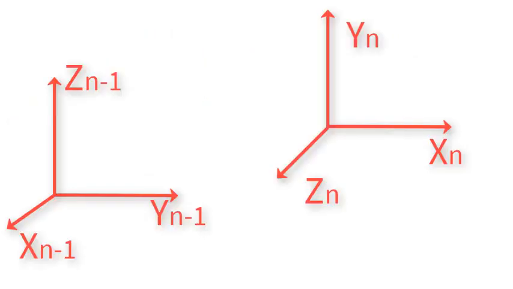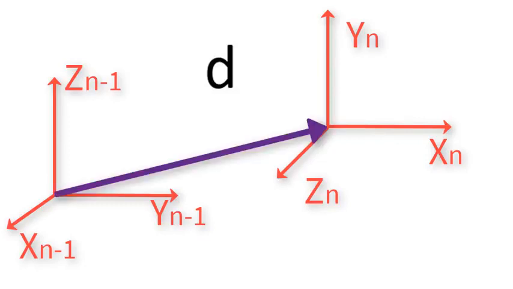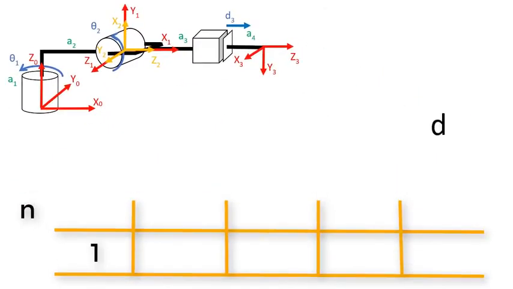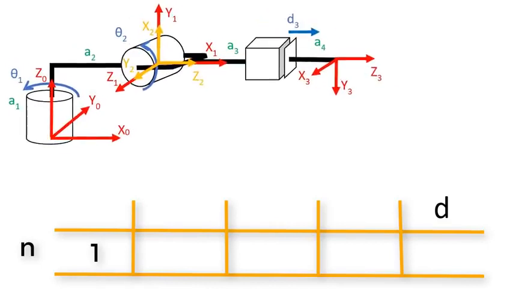Let's move on to the second displacement parameter, d. d is the amount of displacement from the center of frame n-1 to the center of frame n, measured only in the zn-1 direction. Let's look at some examples. For row 1, I substitute in n equals 1.